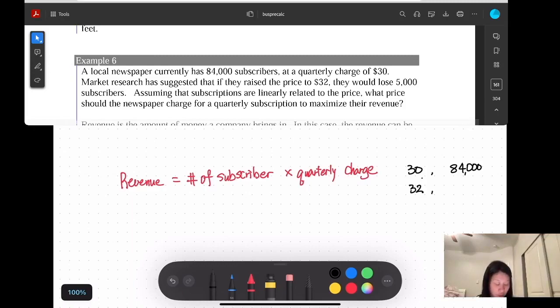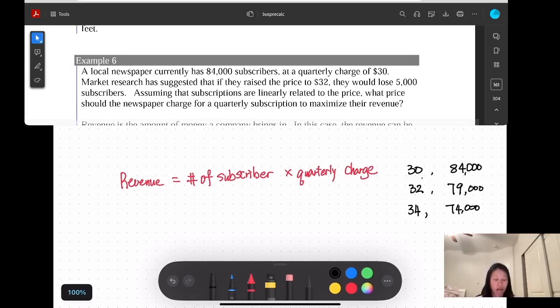That means the subscribers are going to be 79,000, right? And then if they raise another $0.2, which is 13.4, they will lose another 5,000 subscribers because they're linearly related. So they have 74,000 subscribers.